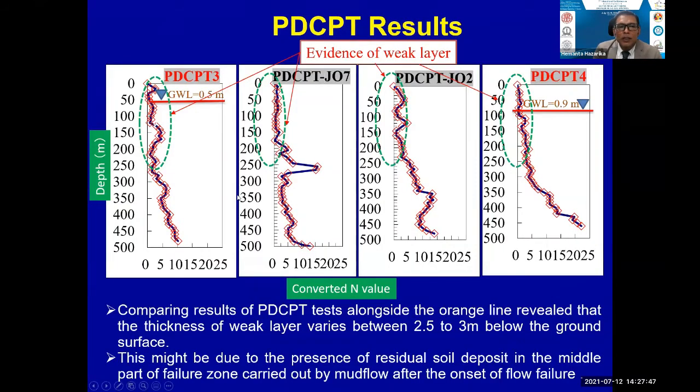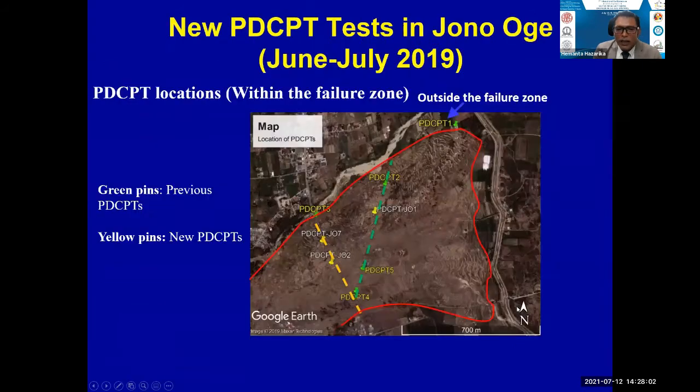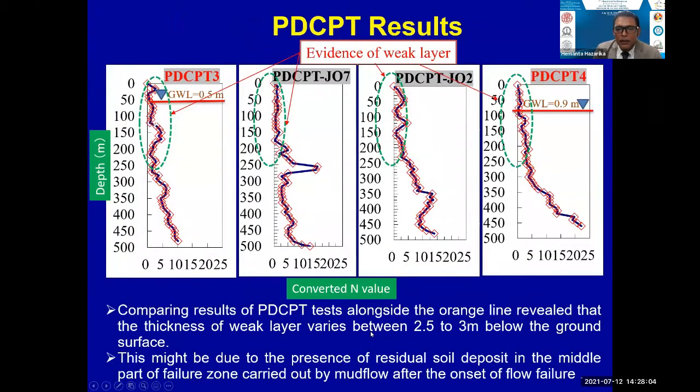So here, if you compare the new ones with the old ones, which we named J07, J08, where J0 means Jonobe, we can see that along the orange line the thickness of the weak layer varies between 2.5 meters to 3 meters below the existing ground surface.